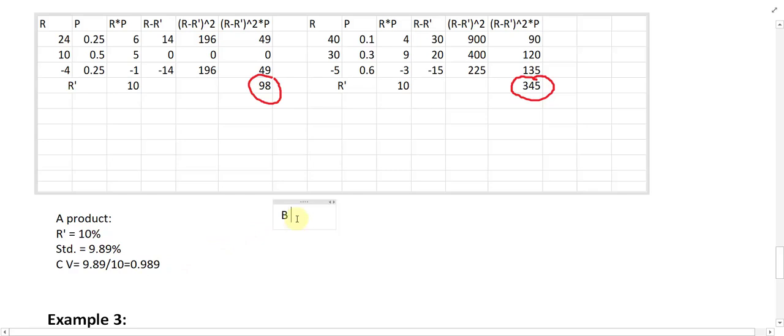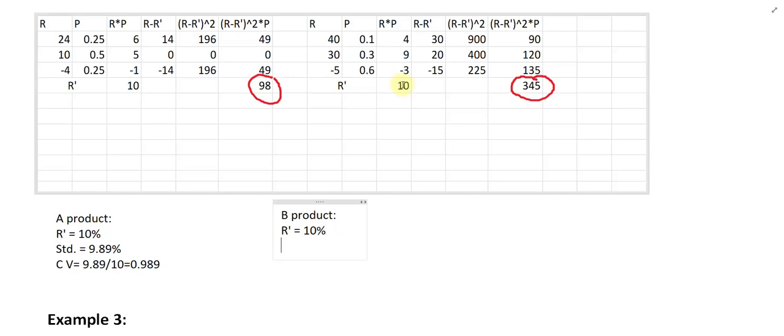Do the same thing for B product, right? Now, how much was the expected return, or R bar? Expected return is equal to 10%. Again, it is percentage. The next one is standard deviation, right? How to find the standard deviation?